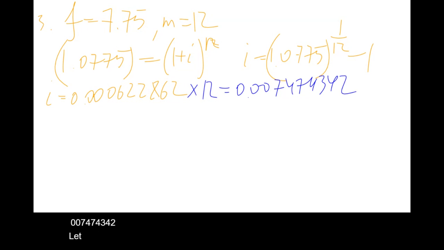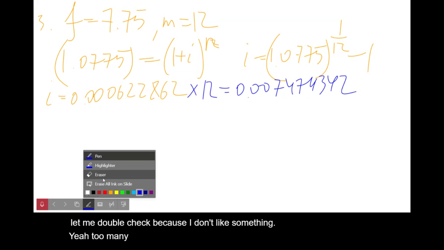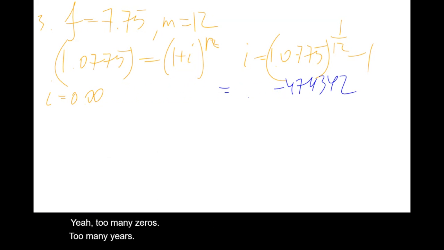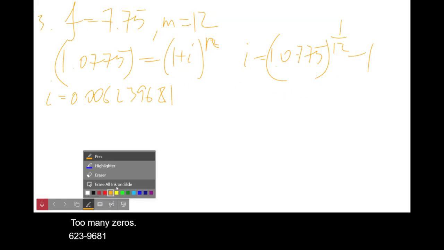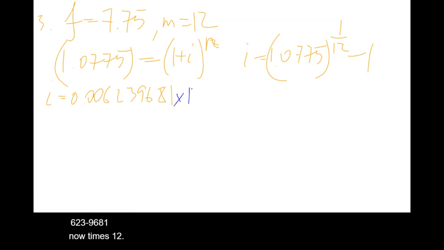Let me double check because I don't like something. Yeah, too many zeros. So 0.006239681. Now times 12.